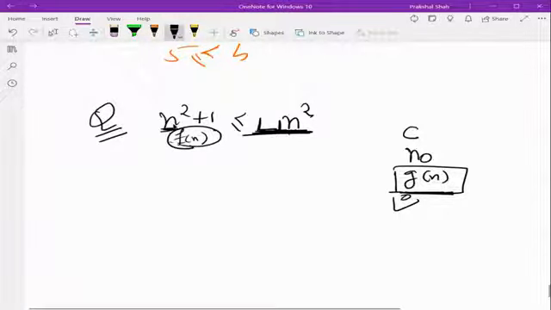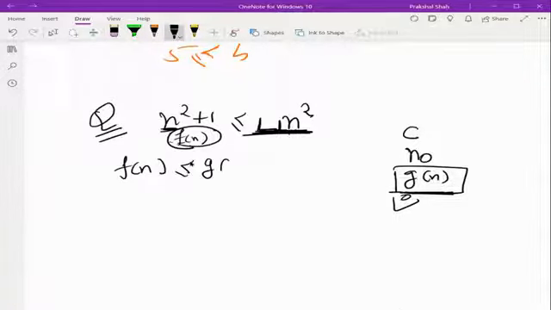Now let's come to this point, like f of n is less than or equals to c times g of n. It can also be equal to, or it should be greater than whatever you have in your f of n. Now since I have n square plus 1 here, it should be less than or equals to n square.